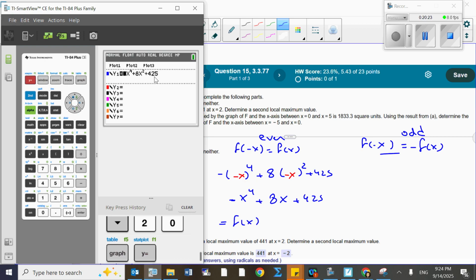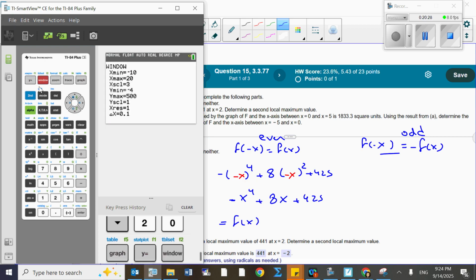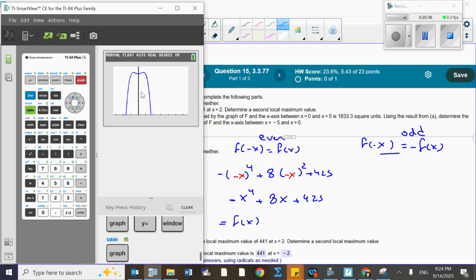That means the y range of your window should be really big. So here in the window, I define negative 10 to 20, and the y min and y max are negative 4 to 500. Now I can graph the function, and I see that this is symmetric to the y-axis. If a function is symmetric to the y-axis, then this is an even function. So this was the second way to find if the function is even or not.